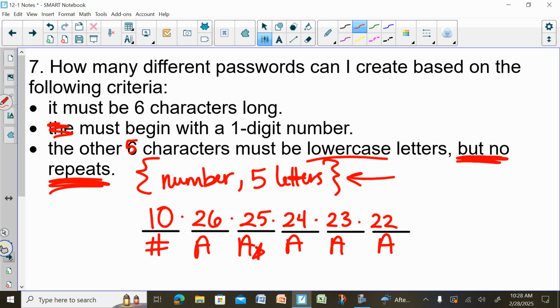And when I calculate that, I end up with 78,936,000 different passwords. And notice passwords have changed. There's so many passwords in circulation, and they're trying to make it harder to guess. So sometimes they even have criteria where it can't go in a row, 1, 2, 3. It can't repeat. You've got to have a symbol, all sorts of things. You have to have one capital, lowercase, all different criteria.